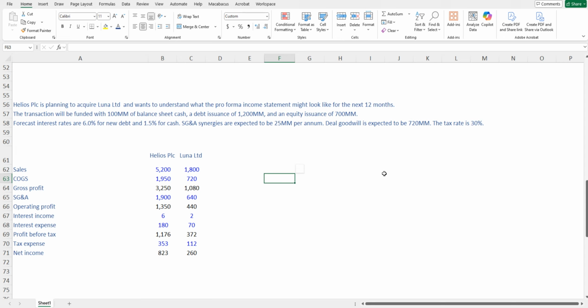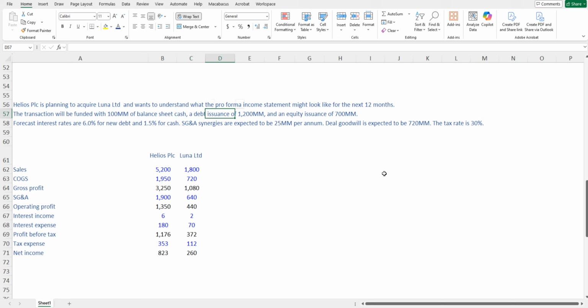Now, I want to point out that some figures are actually irrelevant to the income statement calculation. For example, deal goodwill goes to the balance sheet, and so does the equity issuance. The transaction will be funded by 100 million of balance sheet cash, so the purchaser, Helios, is going to use 100 million of balance sheet cash.